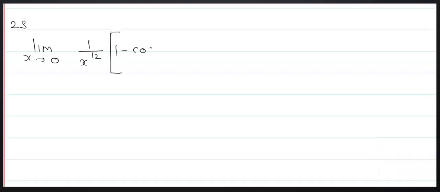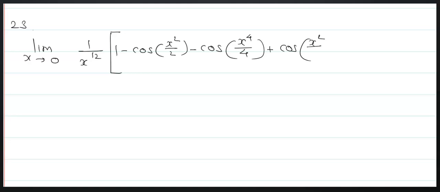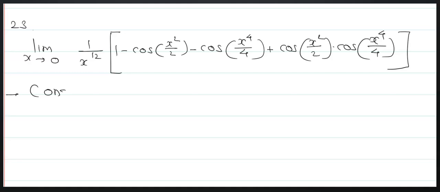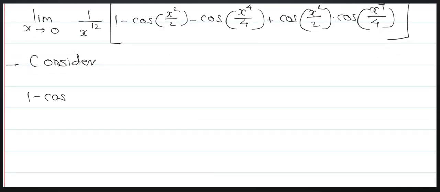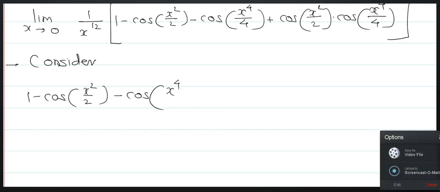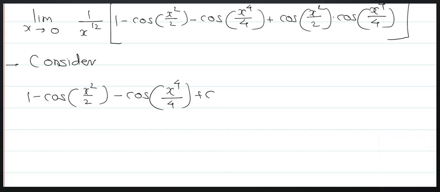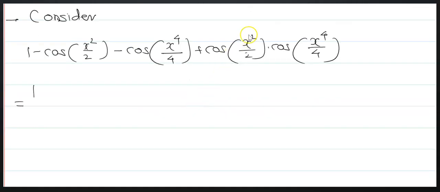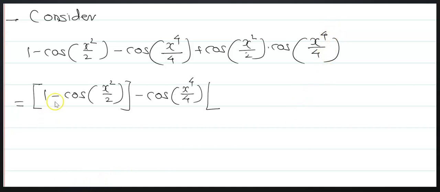Limit x tends to 0, 1 upon x raised to 12, times [1 minus cos(x²/2) minus cos(x⁴/4) plus cos(x²/2) into cos(x⁴/4)]. Now consider the terms 1 minus cos(x²/2) minus cos(x⁴/4) plus cos(x²/2) into cos(x⁴/4).